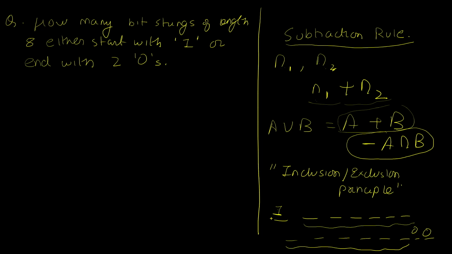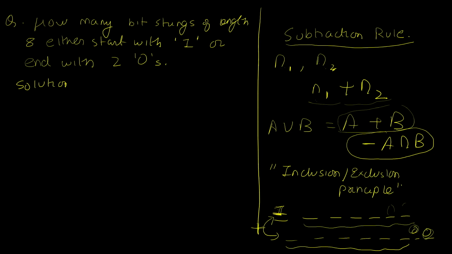But at the end, when I have to merge these two possibilities, I'll realize that I have done duplicate counting. When I counted everything that started with 1, that also included a few things that had 2 zeros on the end. And when I counted everything that has 2 zeros on the end, I also counted a few things that started with a 1. Therefore, simply adding these two will not be enough. We'll also need to subtract out the common things that we counted in both cases.